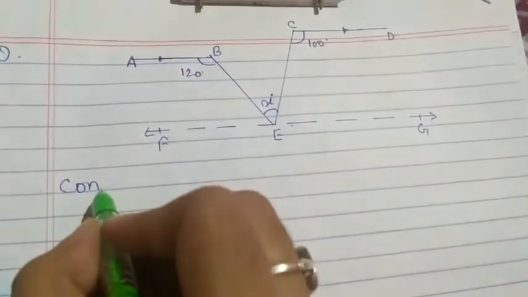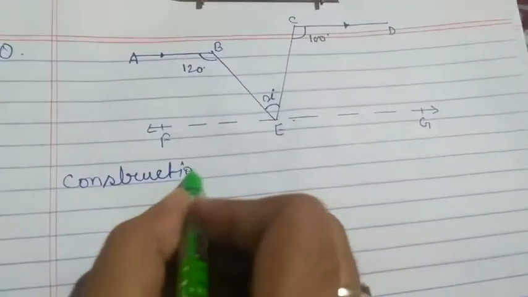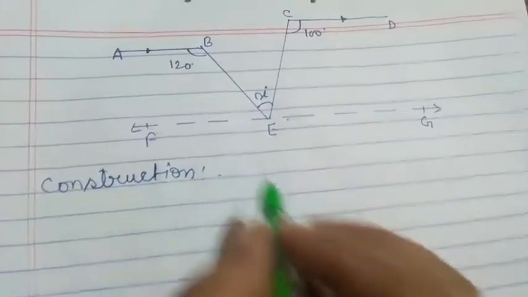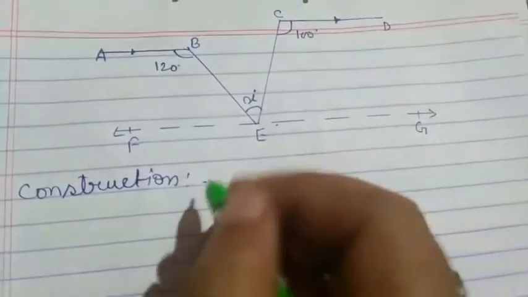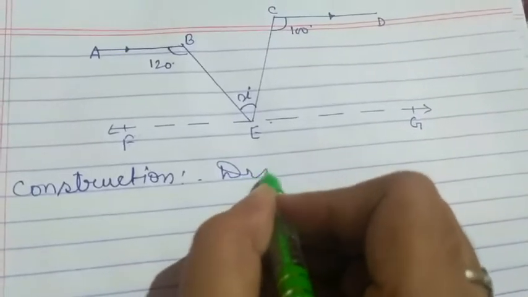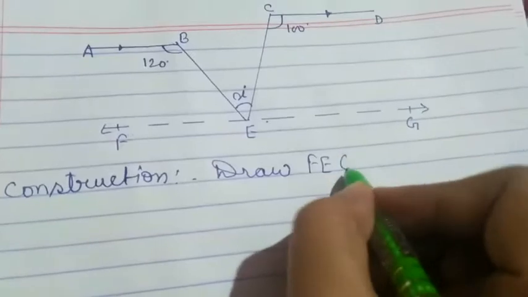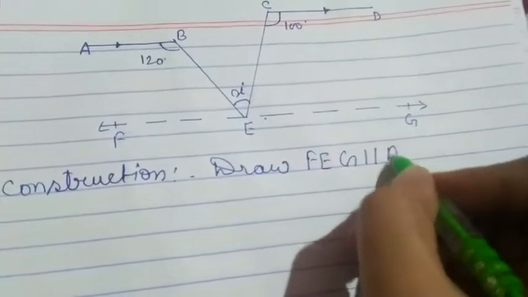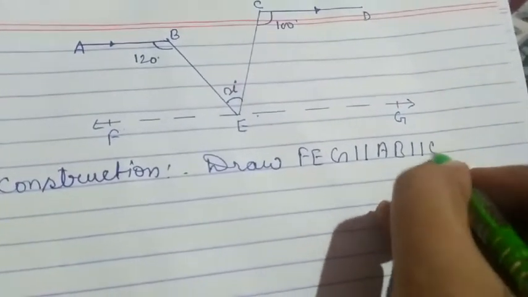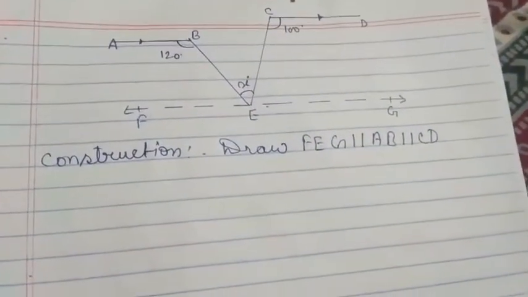So construction: what construction have you done here? Draw FEG parallel to AB parallel to CD.